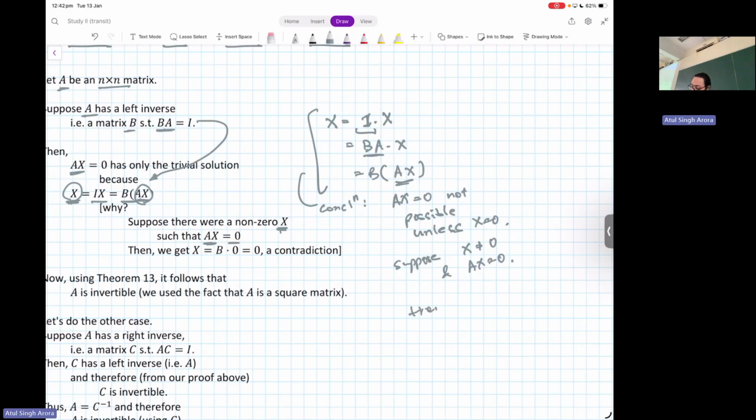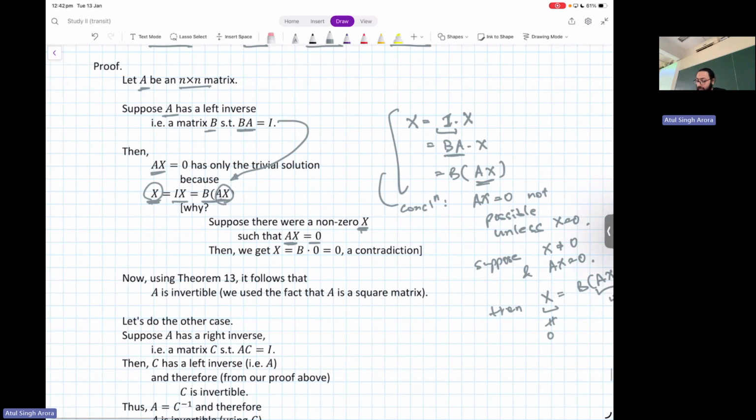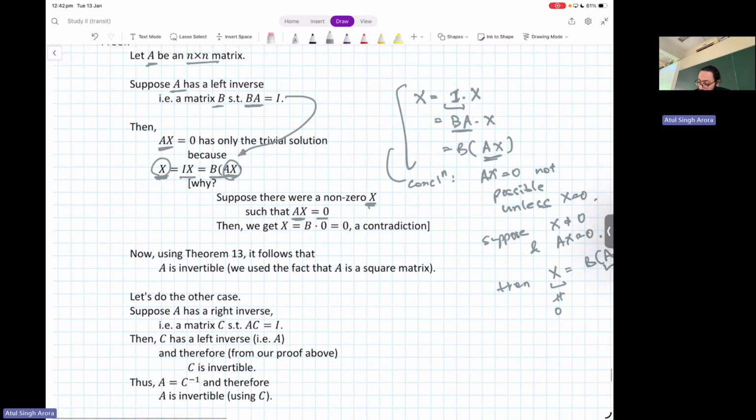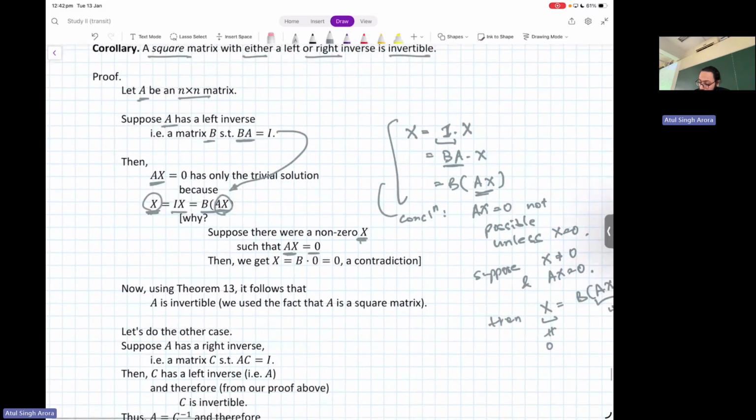So then it would mean that x which equals BAX, right? This quantity is 0, but this we just said is not 0. That cannot happen. So that's all it was saying. Sorry, so we were just trying to argue that for AX equal to 0, the only possible solution is the trivial solution. That is what we were trying to argue, if it has a left inverse.